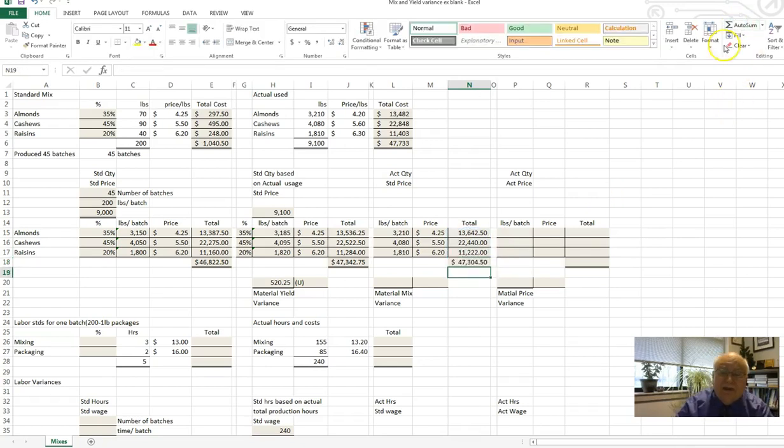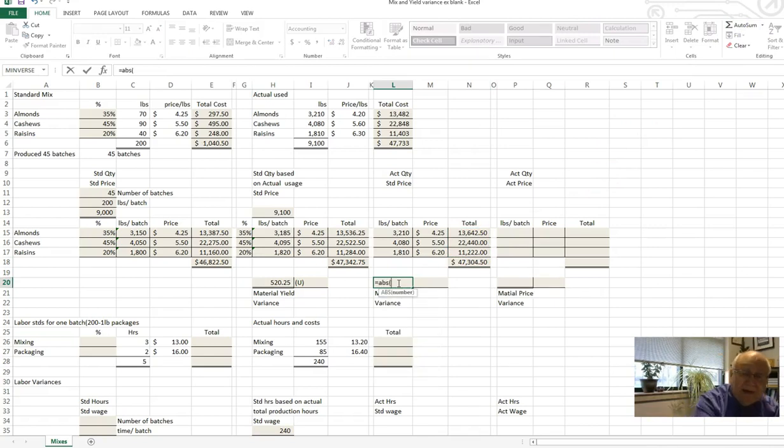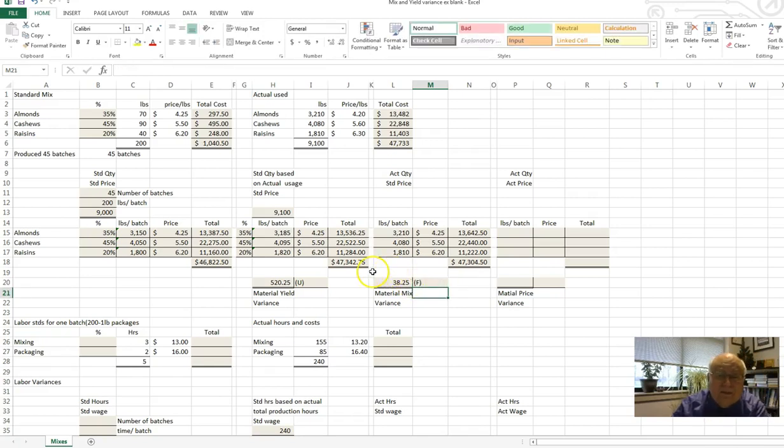Add those up, and again we want to take the difference, ABS, always take left minus right, because we don't want pluses or minuses. And we look at this one and we see this one is favorable because this would have been a positive number by 3825. That's our material mix variance.